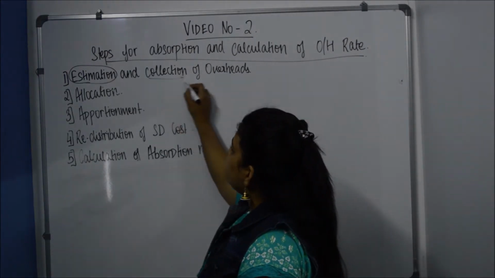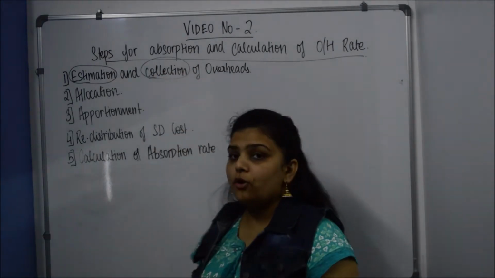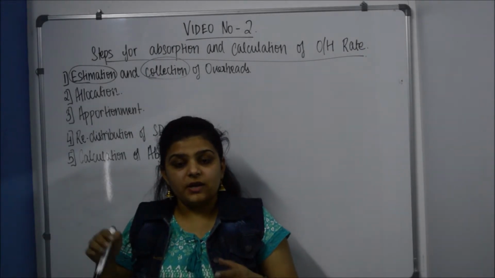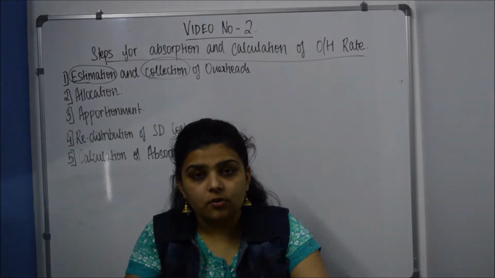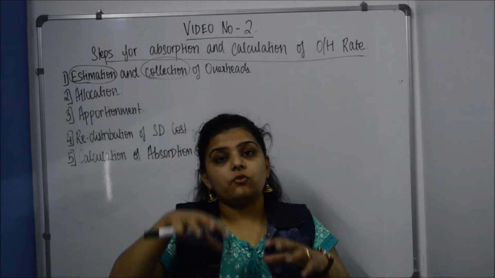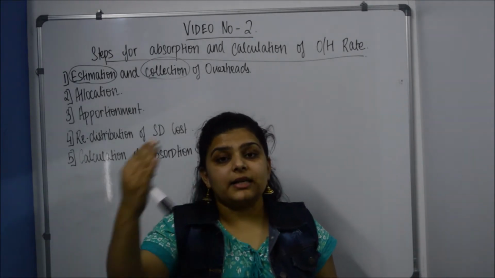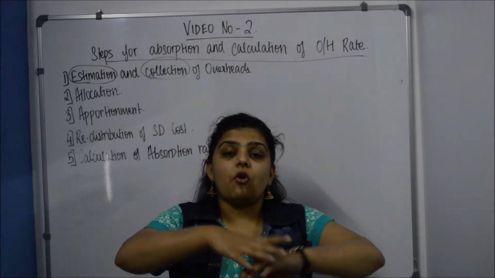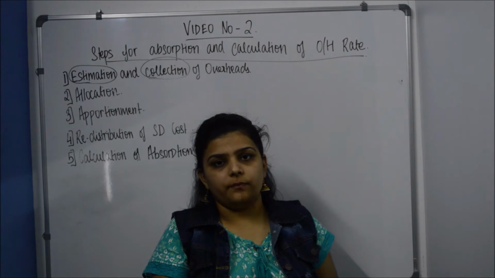Next is collection. What we do is, in the beginning of the year, we collect all the overheads which we are going to incur in the coming year, all the overheads of the organization as a whole.